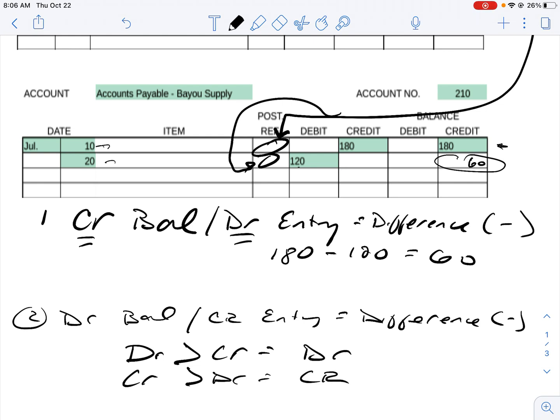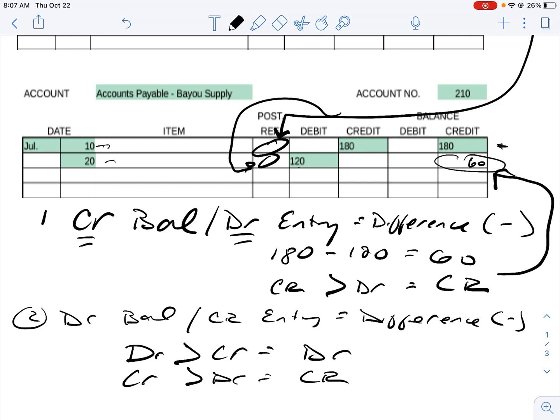Now in this case, we have our debit, which is 180. I'm sorry, back up, I got ahead of myself. Our credit balance, which is 180, is greater than our debit of 120. Therefore, it's going to be a $60 credit. Now that's the logical way to do it. The other reason is this: accounts payable is a liability account.